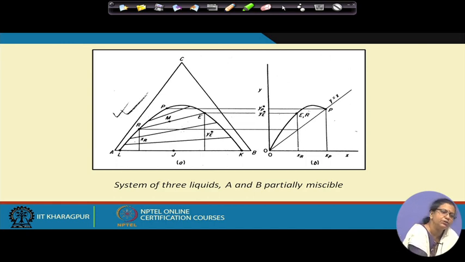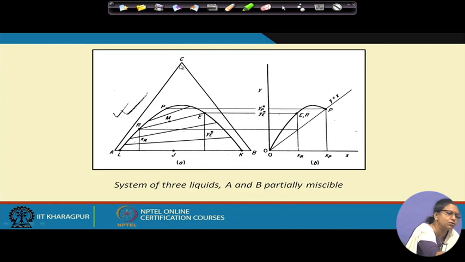We usually represent them on an equilateral triangle, where the three apices of the triangle refer to pure components. So, this apex refers to pure A, this is pure C, this is pure B, and all the sides of the triangle refer to binary solutions.